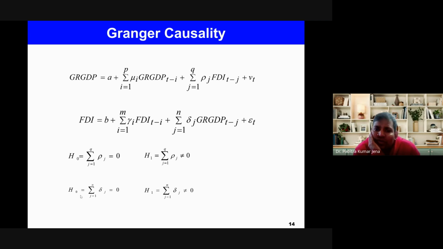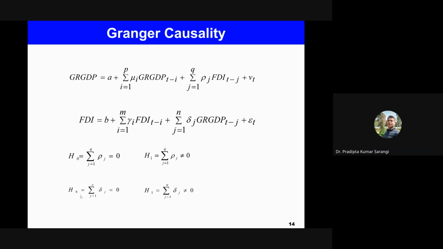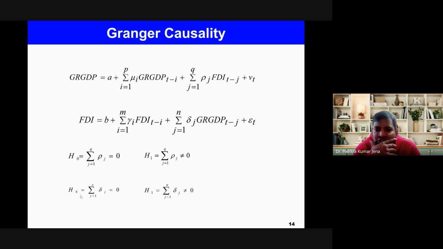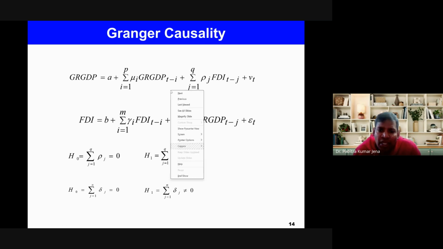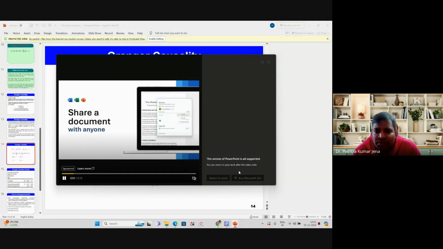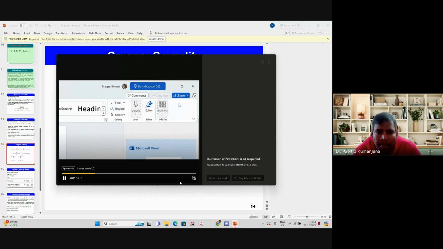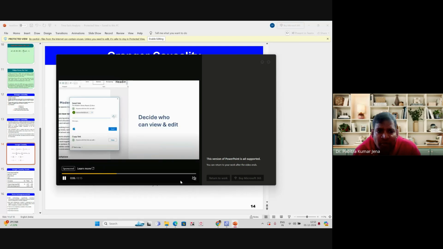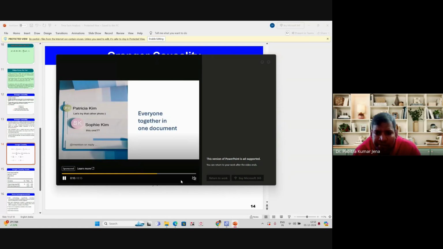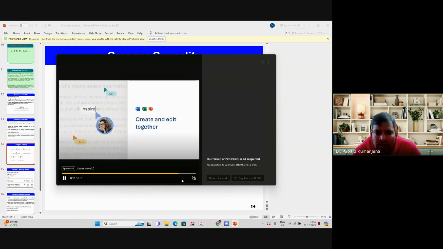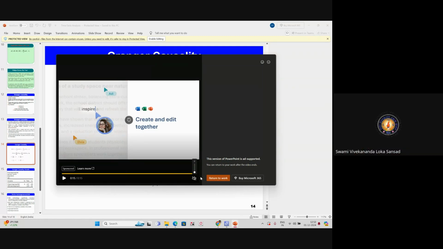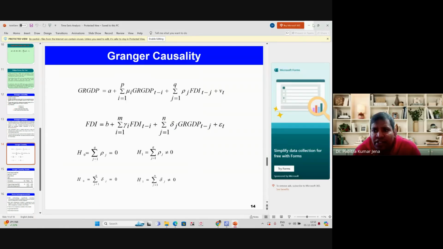Yes? Anybody in this group who doesn't know inferential statistics, that hypothesis? If not, then I can explain a little bit. Anybody please raise your hand, those who don't know the hypothesis. Is somebody there? Saurabh?